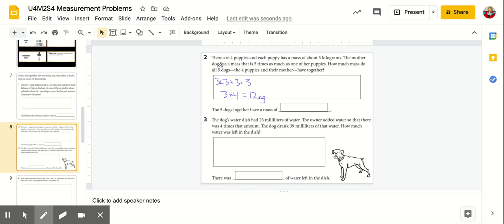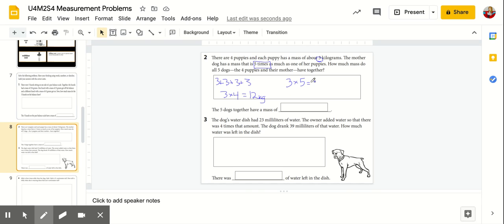The mother has a mass that is 5 times as much as one of her puppies. So how do you figure that out? What does that mean? Well, if one puppy has a mass of 3 kilograms and she weighs 5 times as much, what they're saying is that you have a multiplication problem, 3 times 5.